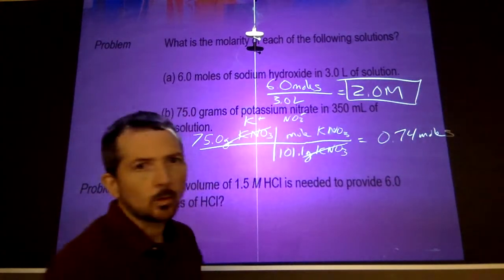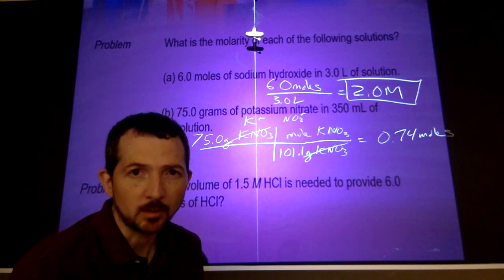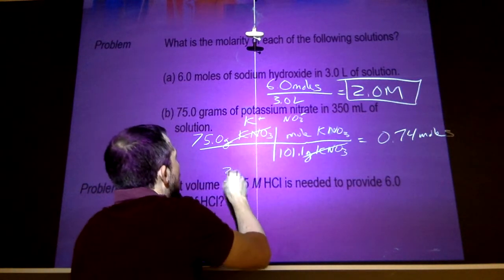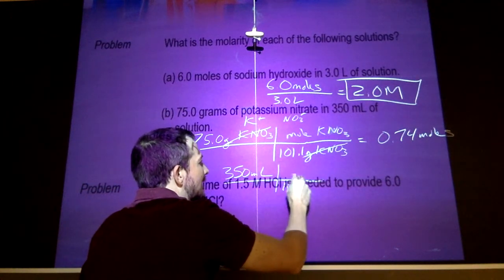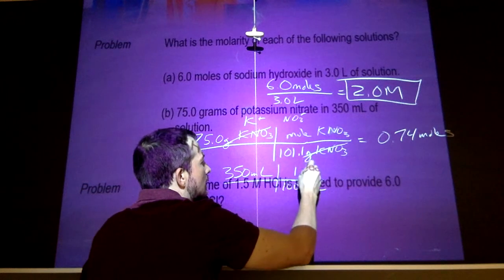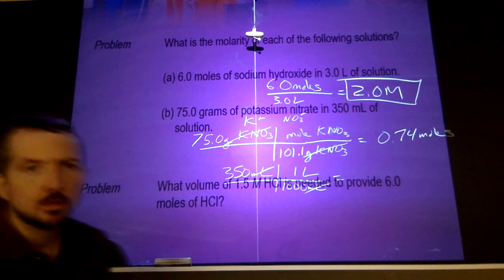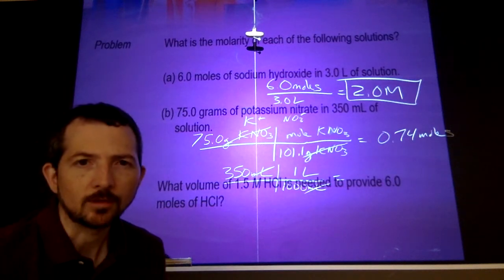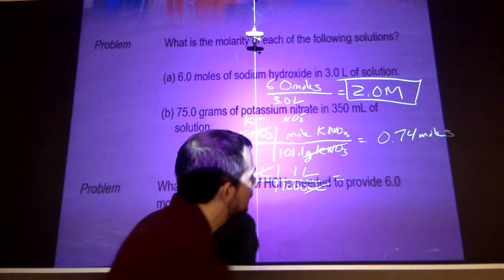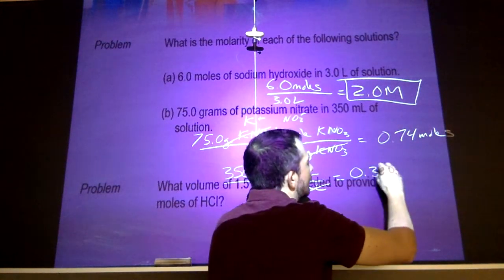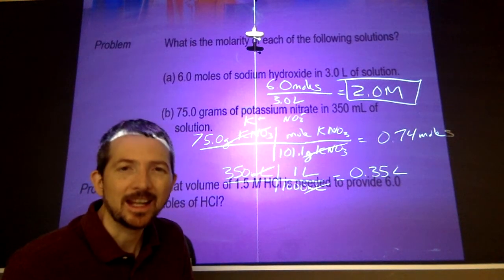So 0.74 moles. Now I need to divide that by the number of liters. So I need to convert this to liters, so divide by 1,000. You probably could do that in your head as well, just say 0.35 liters. Okay, so now I have the number of moles and the number of liters.